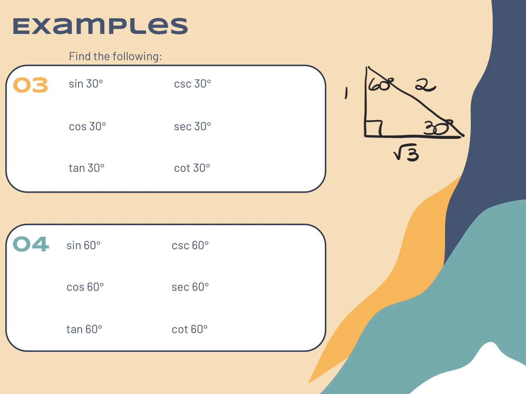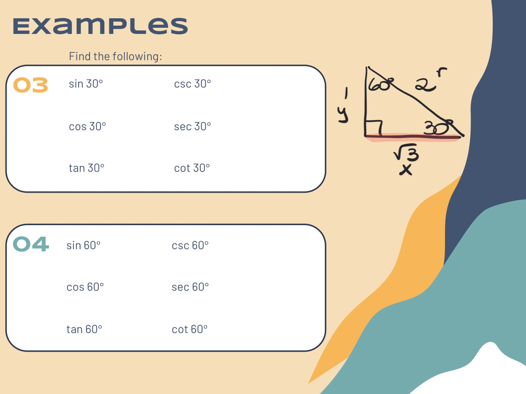Now, like I had just said to Eva, the side that is horizontal is going to be your x value. The side that is opposite the 30, going up and down, will be your y, and the hypotenuse is going to be your r.